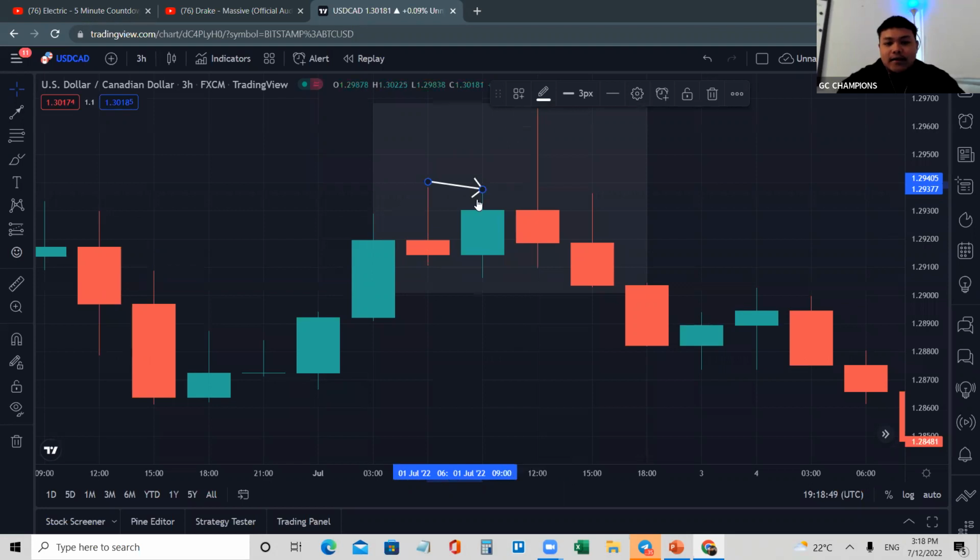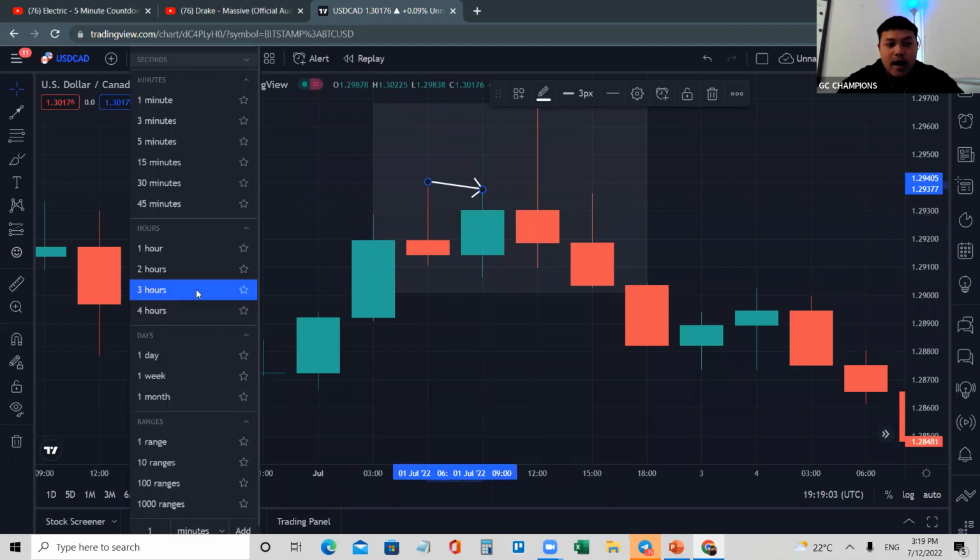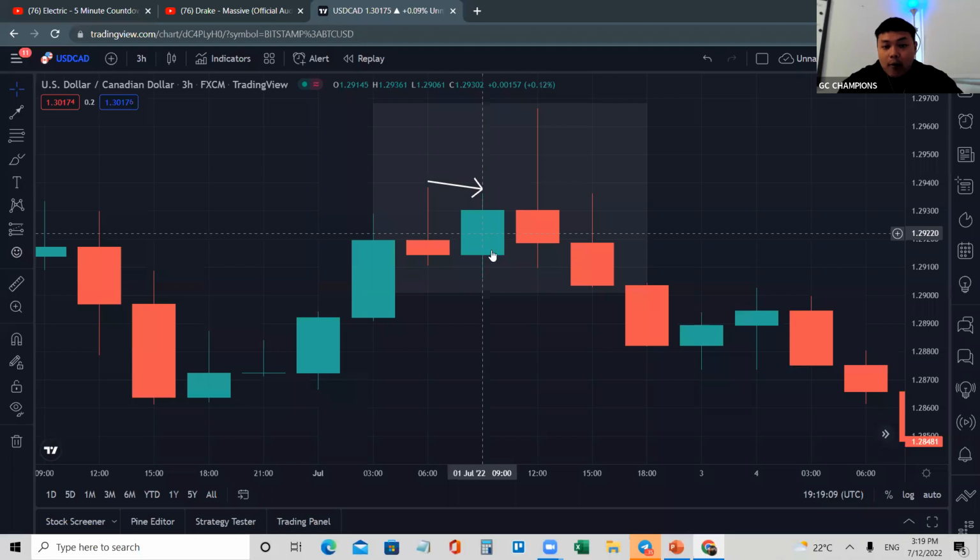Yes. The line on the top is what you call a wick, and it is the highest that that specific candlestick has gone up to. Like I said earlier, each candlestick represents a certain timeline. As you can see on the top, this is a 3-hour time frame, meaning each candlestick represents a 3-hour movement of the market.